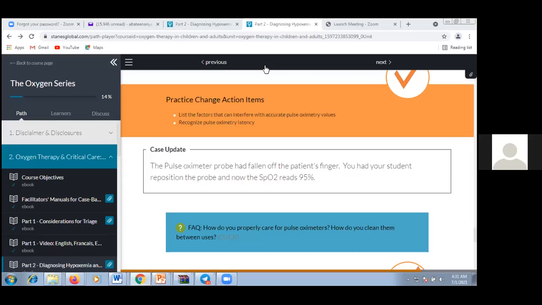So I have one suggestion in the chat box, which says: patients in shock who are extremely hypothermic, pulse ox will not detect pulse. Is there any indirect way to measure oxygenation level?